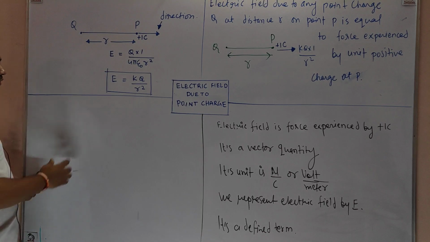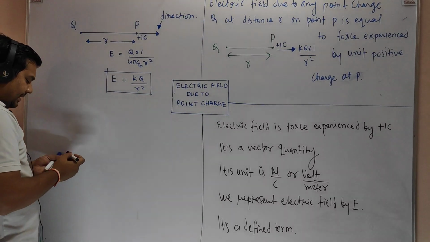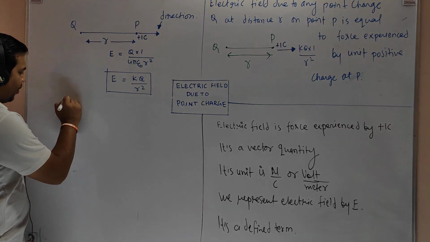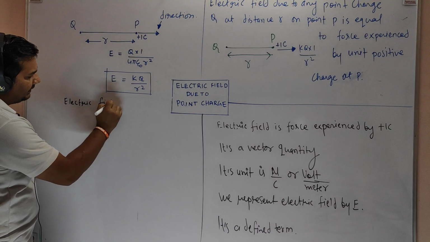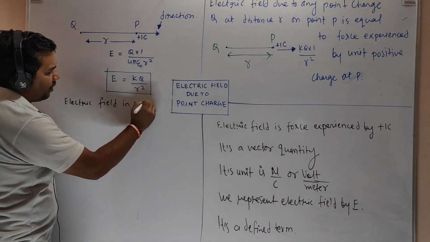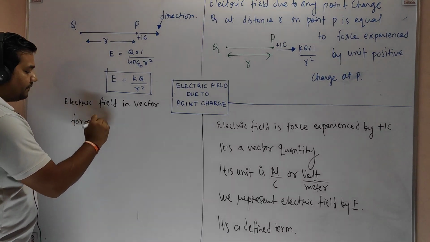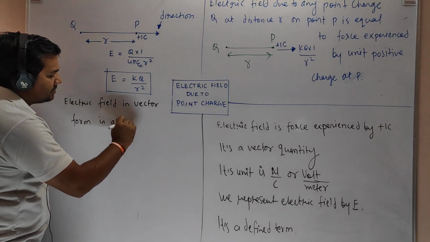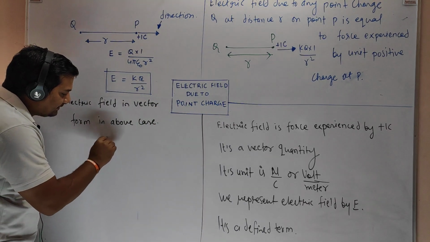Okay, if you want to write the expression of electric field in vector form at point P, you can write it like this.